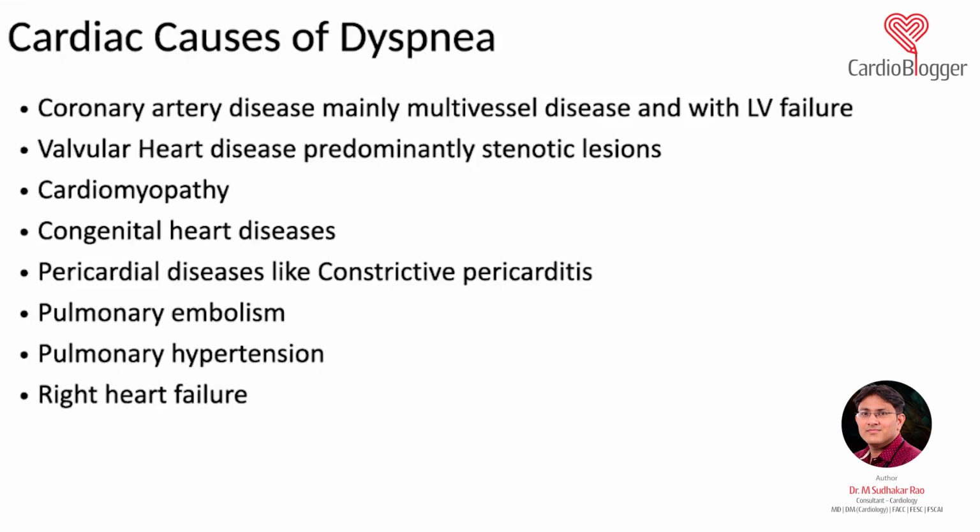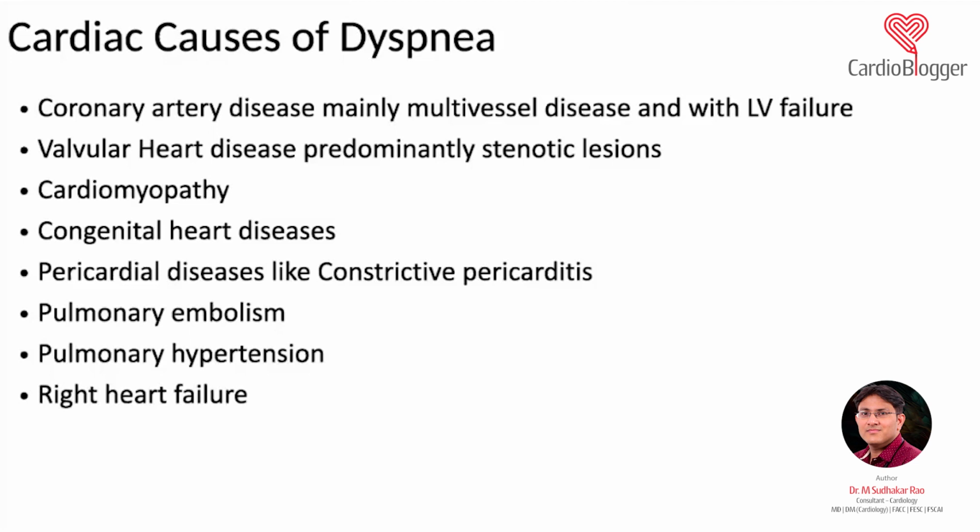Now, cardiomyopathy is one disease, as I told you, dilated cardiomyopathy, hypertrophic cardiomyopathy. The most common symptom is dyspnea, again because of the raised LV end diastolic pressure. Congenital heart diseases, now this is one thing which I am going to discuss in the next few slides. Congenital heart diseases like ASD, VSD, because of hypoxia and because of the so much dilated RA and RV, blood goes to the lungs.